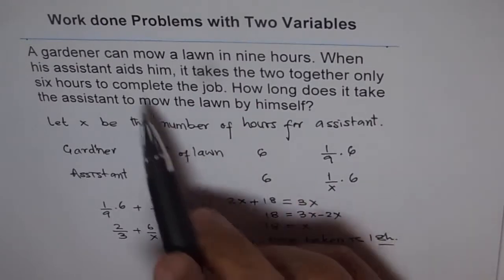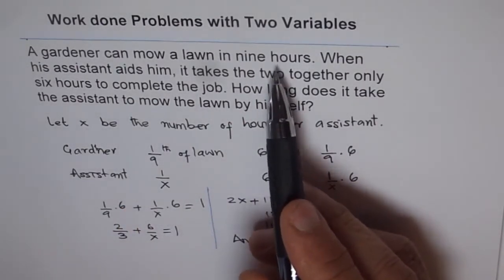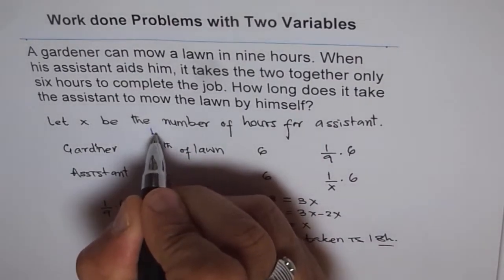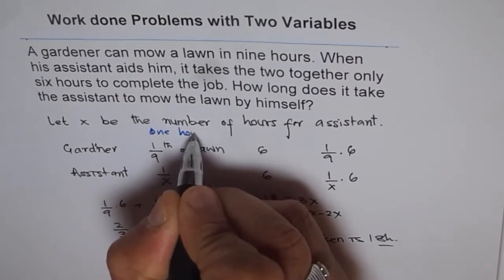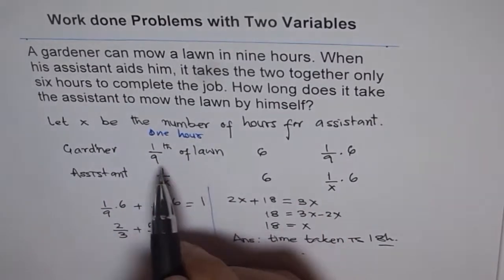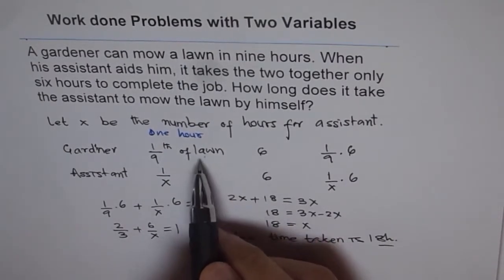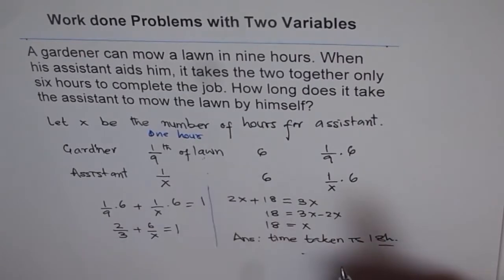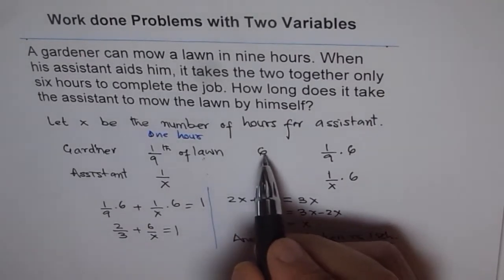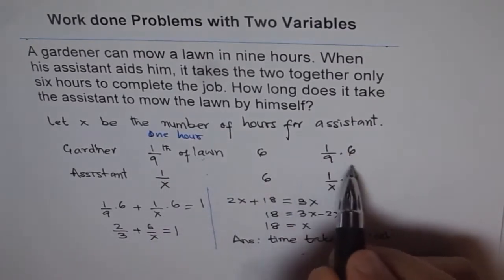Since the gardener can finish the work in 9 hours, in 1 hour, this is the speed with which the gardener is working, 1/9 of a lawn. And the speed with which the assistant works is 1/x of a lawn per hour, right? They work for 6 hours, so time gets multiplied with the speed to get total job done.